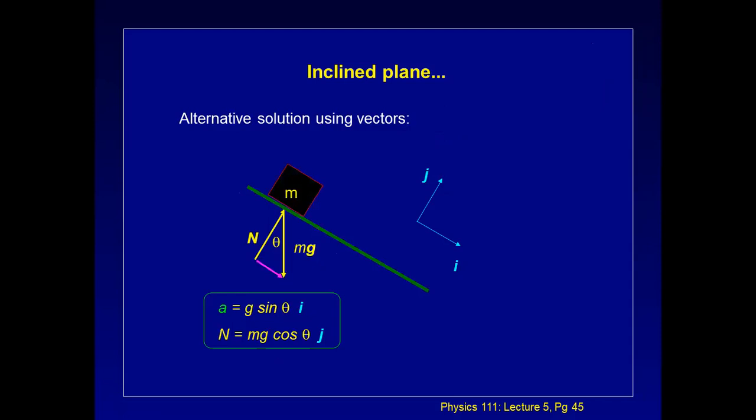Alternative solution again by using vectors. Your a here is equal to gravity times sine of theta. And then we have your normal force, which is equal to the weight, or mg, multiplied by the cosine of theta.